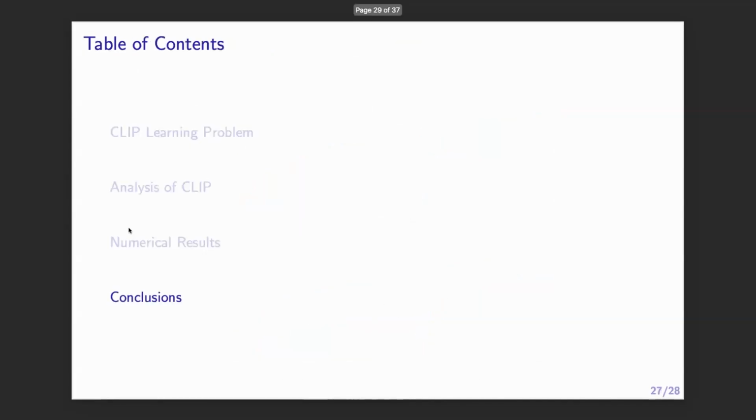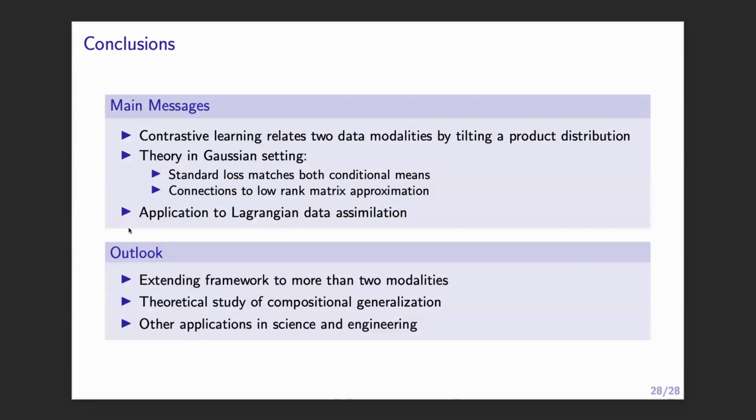So just to conclude, what I want to summarize is that for contrastive learning, we showed how the model underlying it is one that builds a joint distribution that learns some type of correlation between the two variables.